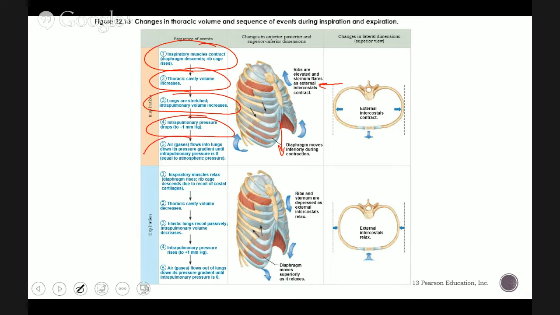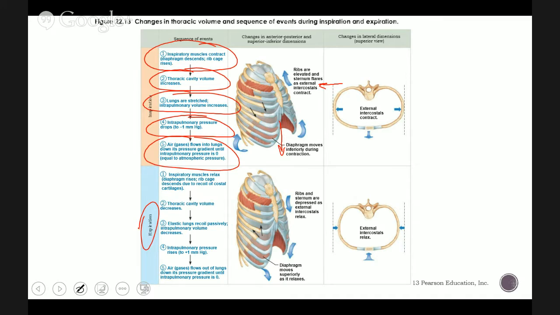Intrapulmonary pressure drops, and then air flows into the lungs. When we breathe out, it's basically just elastic recoil during normal restful breathing. So it's just like a big elastic balloon that goes whoosh, and it just recoils. That's enough to push the air out.